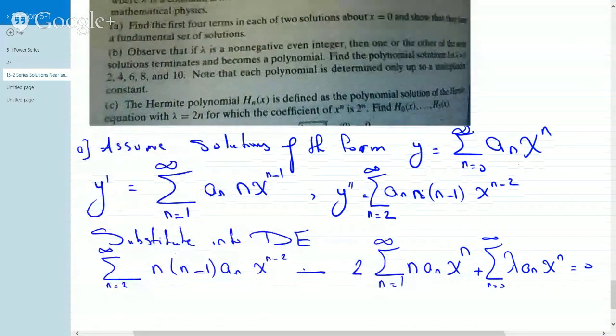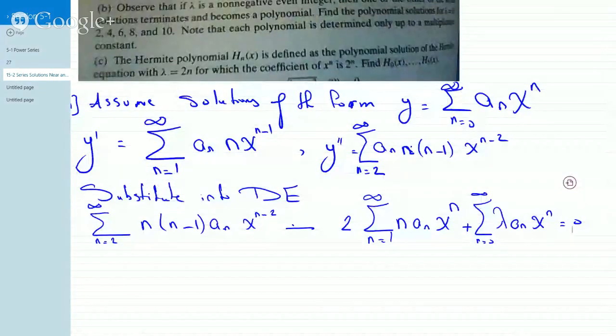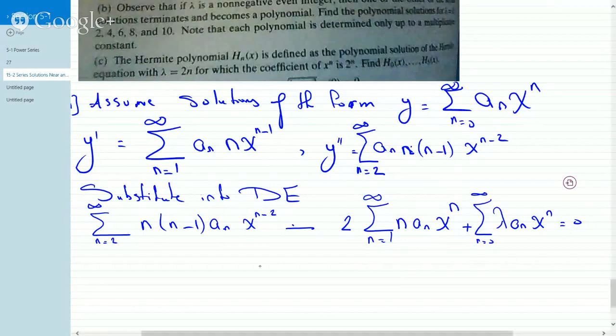Okay, so we can see that all these three series now are starting at different places. So we need to first unify them, and then make them start at the same place. So what we'll do on the first one is we're going to say replace k with n minus 2.